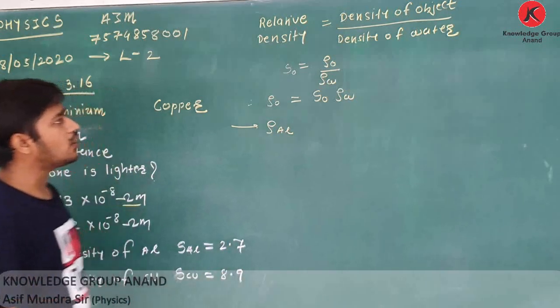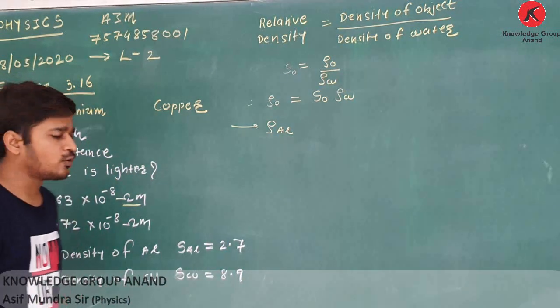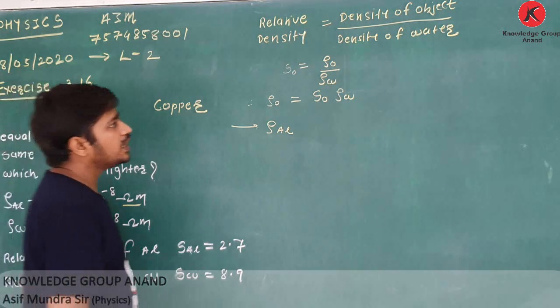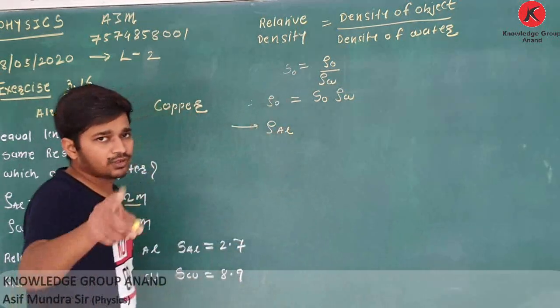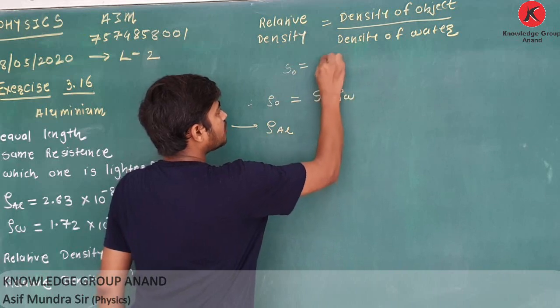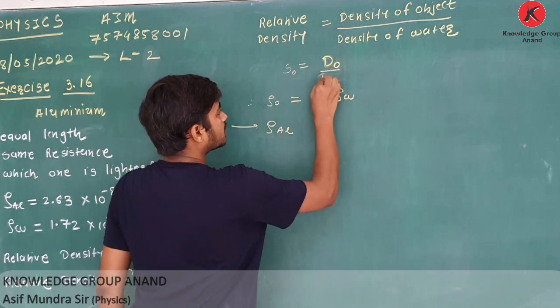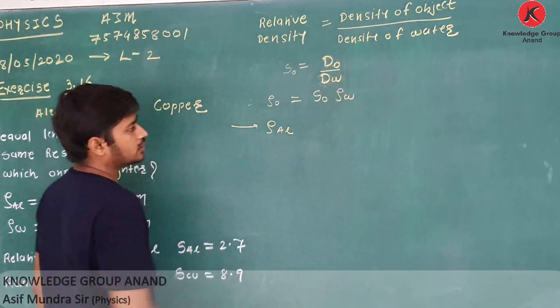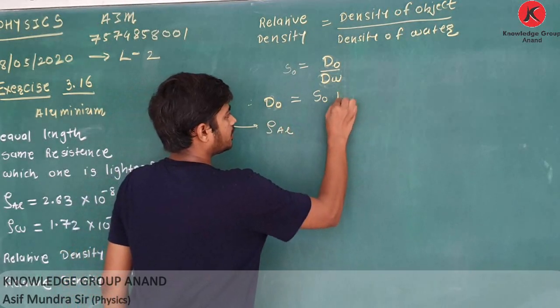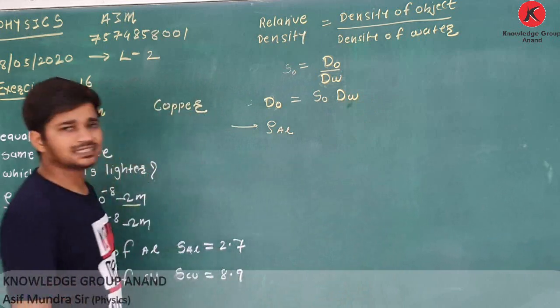What is the density of aluminium? See here, now rho is already resistivity. Then here we will write the density as D. D of object upon D of water. Here also it is D of object upon D of W. D means density.